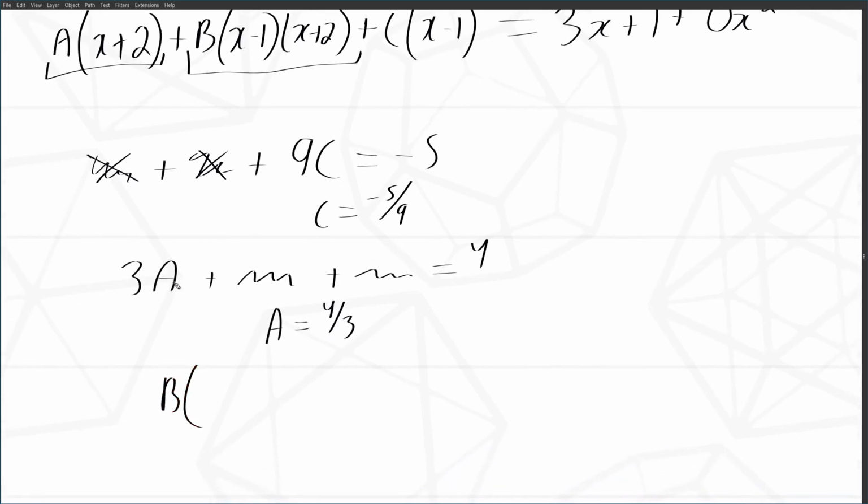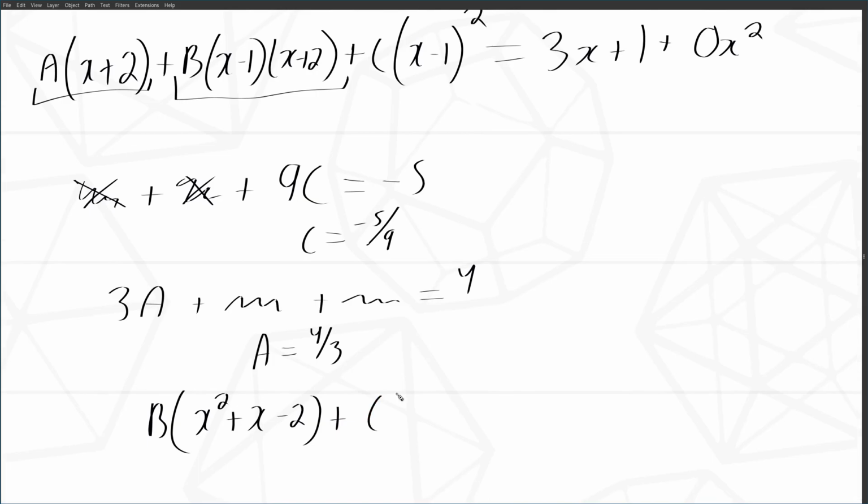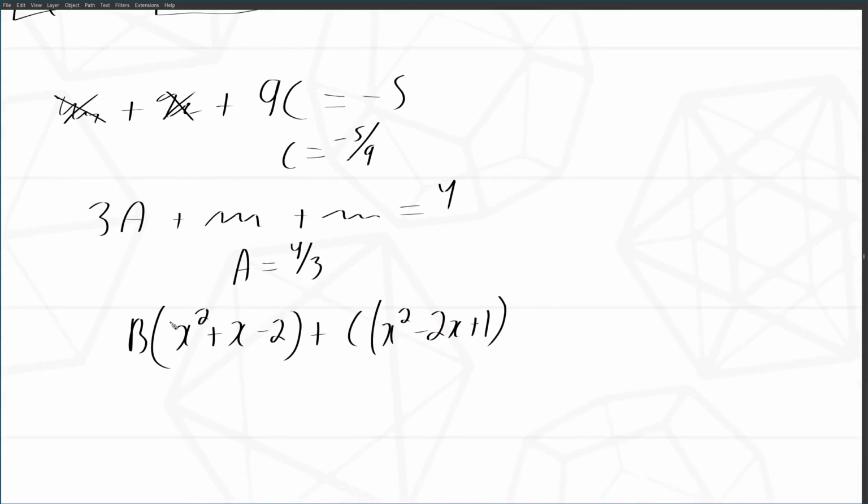So let's do those real quick. We're going to have b times x squared minus x plus 2x, so plus x minus 2, plus x minus 1 squared. It's going to be x squared minus 2x plus 1. And when we take the x squared term out of all these, the coefficient of it is going to be b plus c times x squared.